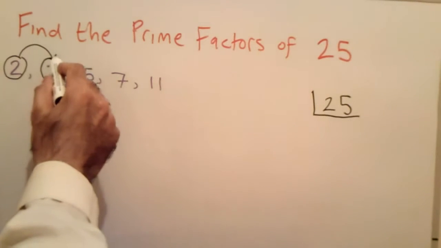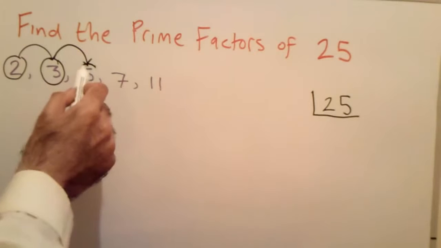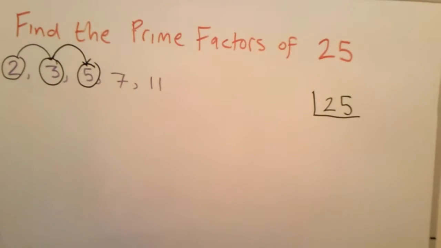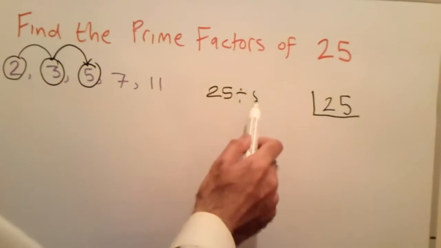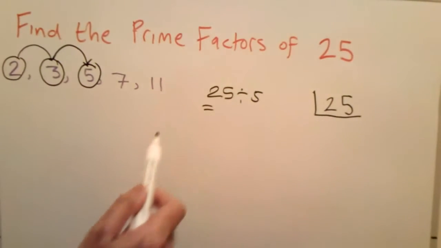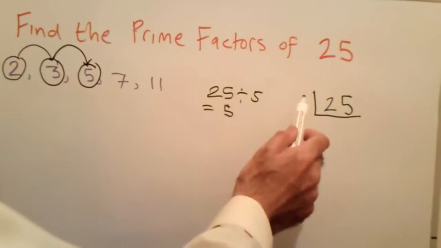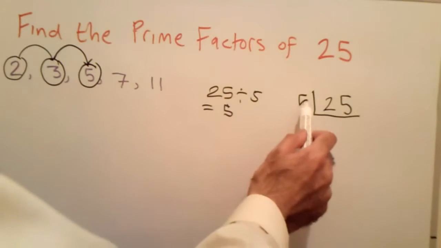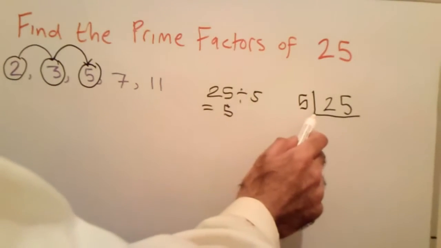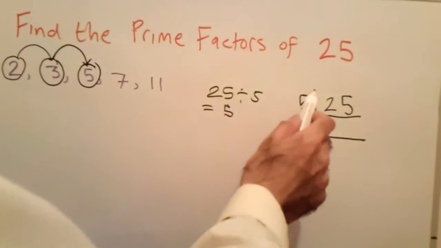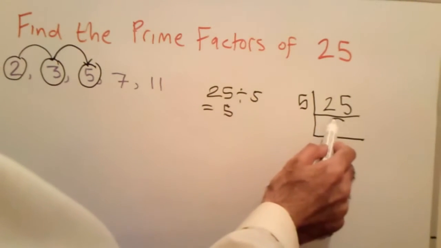So we move on this time to the next highest prime number, which is 5. Does 25 divide into 5 to give us a whole number? Yes, it does. We get 5. So I write down 5 here and draw another little box. 25 divided by 5 is 5, so I write down 5 here.